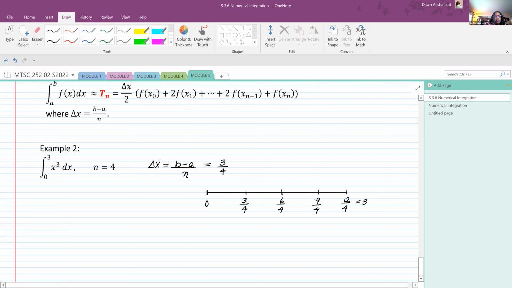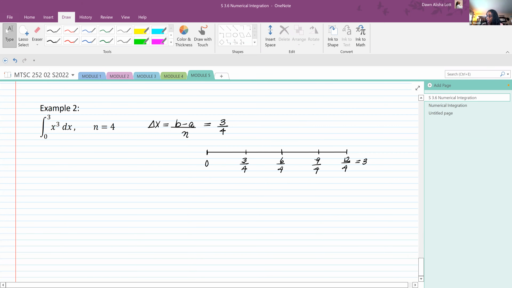Okay, so the trapezoidal rule says T4 is going to take delta x over 2.